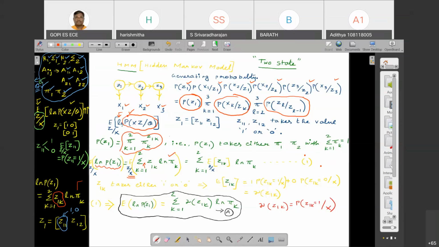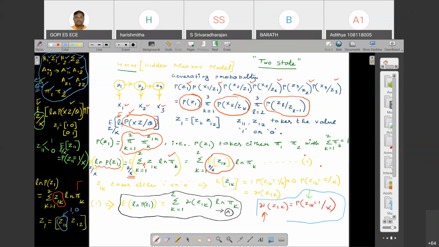The expectation of this is simply the probability, and that probability is the probability of z1k equal to 1 given x. We are introducing a new notation for that, which is gamma. Hereafter, gamma of z1k means the probability of z1k equal to 1 given x. This is the new notation introduced here.